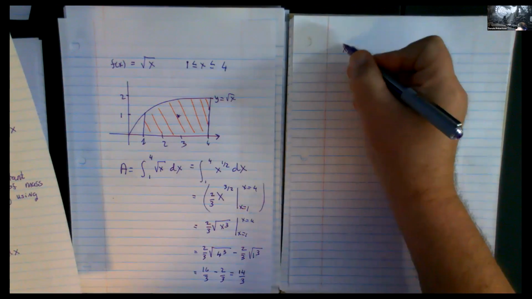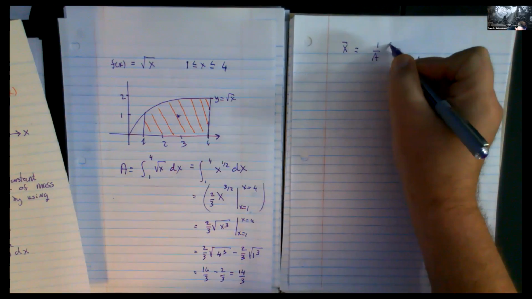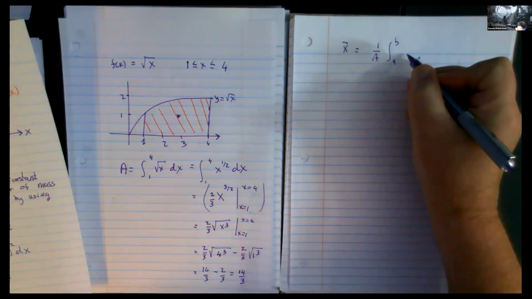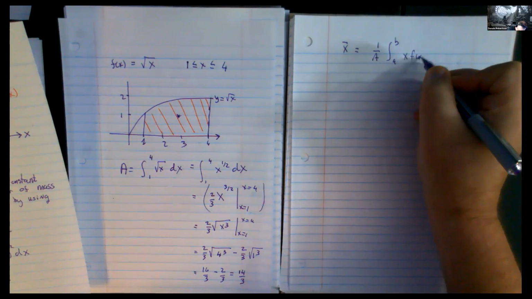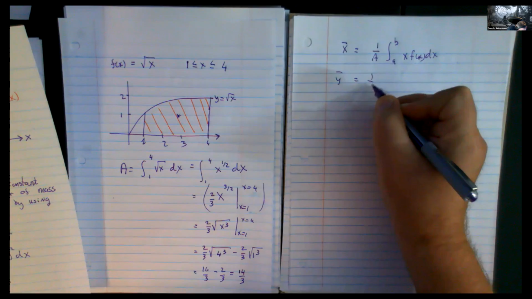To get the x coordinate of the centre of gravity, it's 1 over A, the integral from a to b of x f of x dx. And I'm writing down the other one while I'm at it.